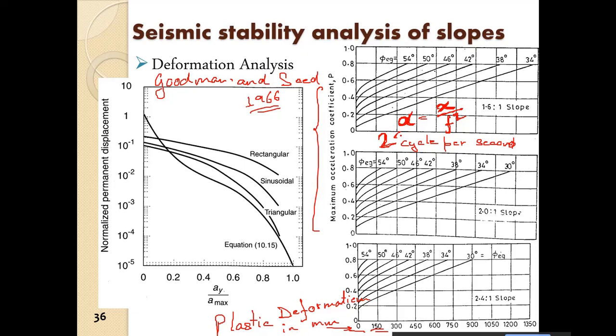Then we will get the displacement. This is the displacement for 1 cycle per second. From here we have taken phi equivalent, and this is another normalized angle of internal friction. We will see how we can use that.